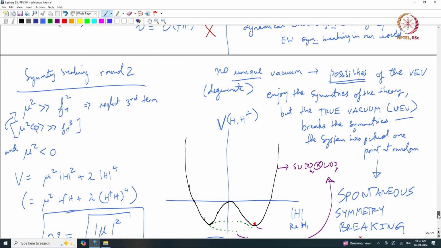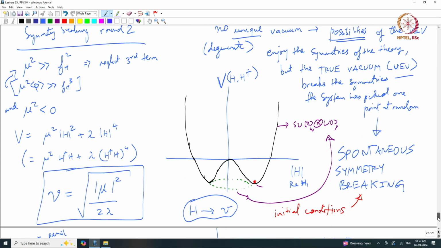So, we took a somewhat non-intuitive route that nature has actually taken, which is spontaneous symmetry breaking, in particular via a mass square term in the potential that is actually negative, right. If that were the case, the potential would look like this.